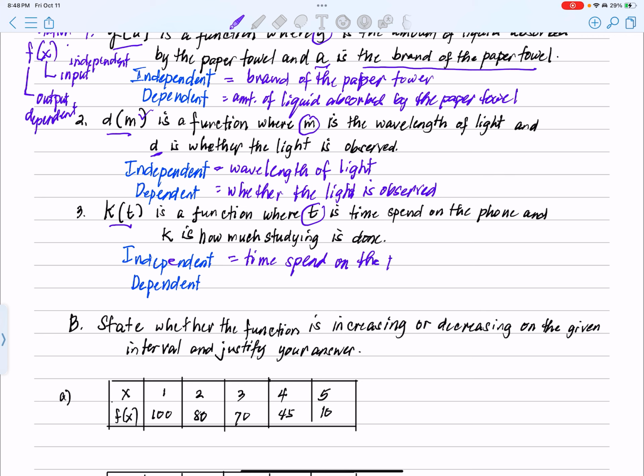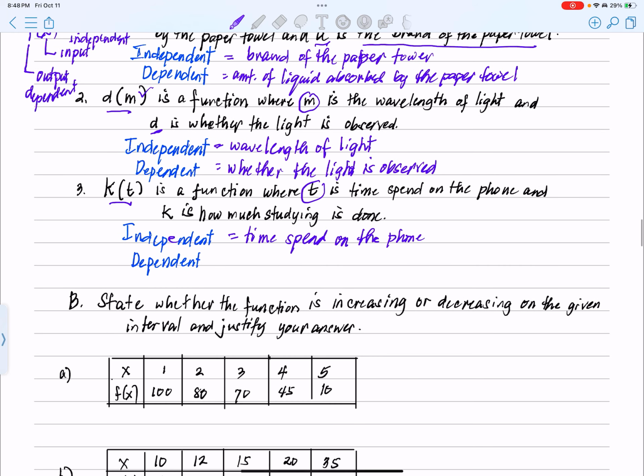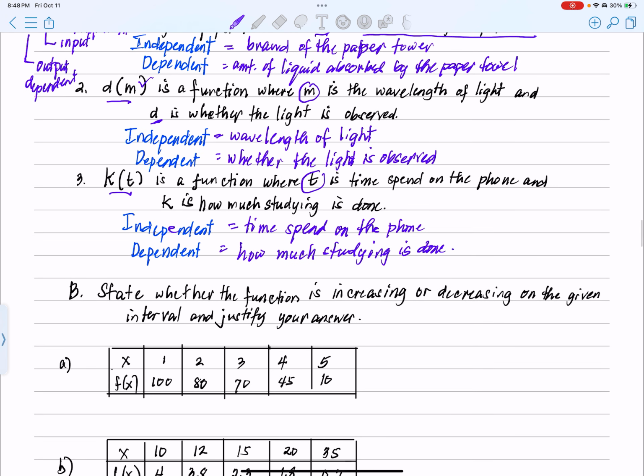So the more time you spend on the phone, the more the time for studying is affected, right? So the dependent is how much studying is done, because the more time you spend on the phone, the less time you have for studying.